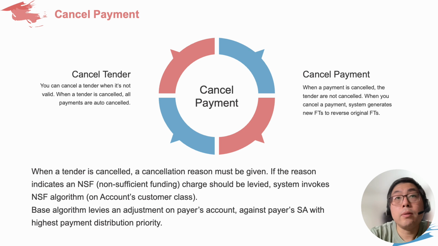The base algorithm levies an adjustment on the payer's account against the payer's SA with the highest payment distribution priority. So in this case, we're talking about a particular algorithm, and this is quite often used in the project.